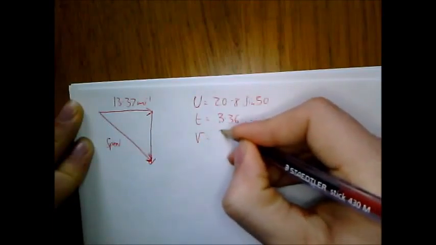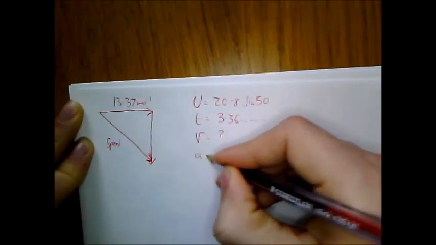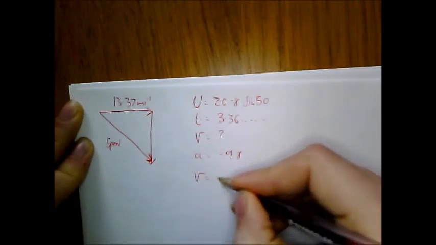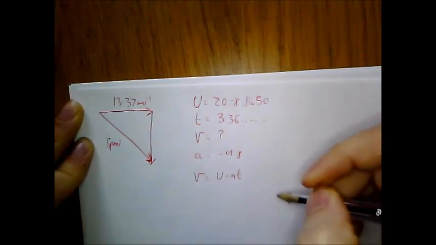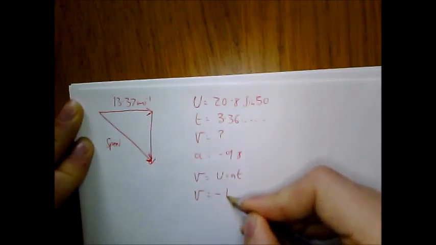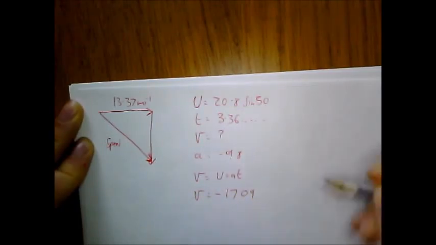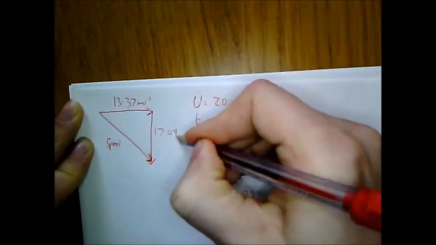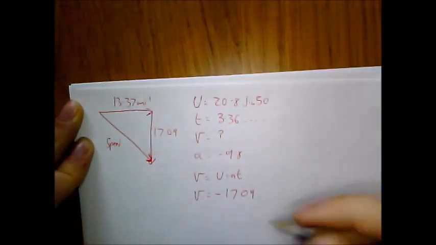We want the velocity, and the acceleration is negative 9.8. So using v equals u plus at, you should get a velocity of negative 17.09, which is what we're hoping it would be. It's going downwards, so 17.09, and now it's just Pythagoras.